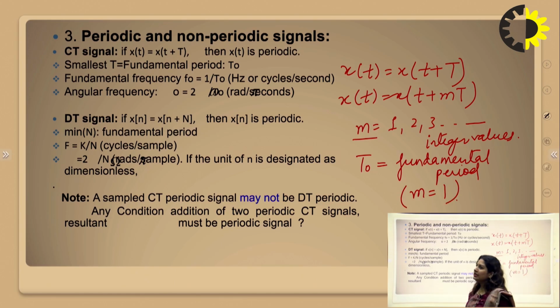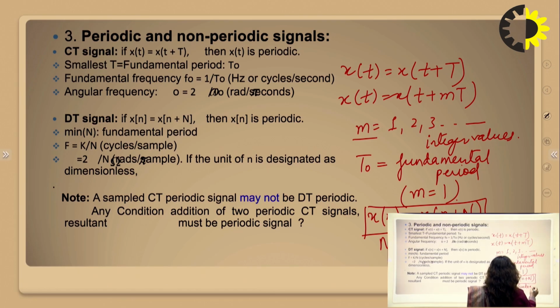Similarly, the second part is the discrete time. For a discrete time signal, it is the same: x[n] is equivalent to x[n plus N], where capital N or N naught is the fundamental period. So how to find N naught and T naught?